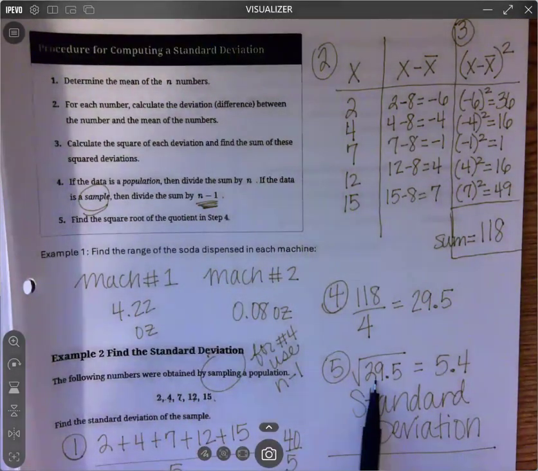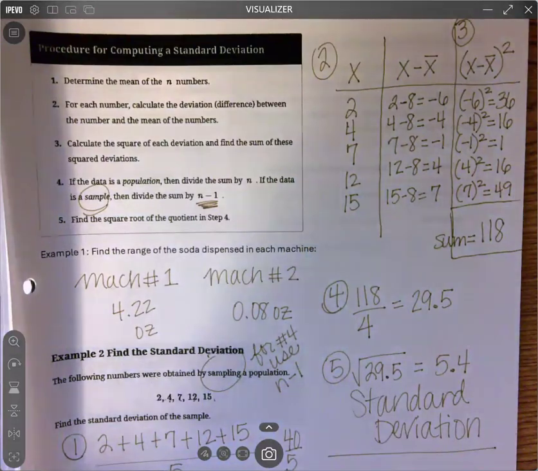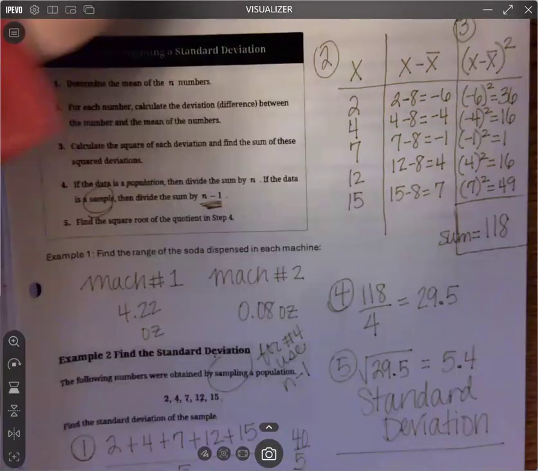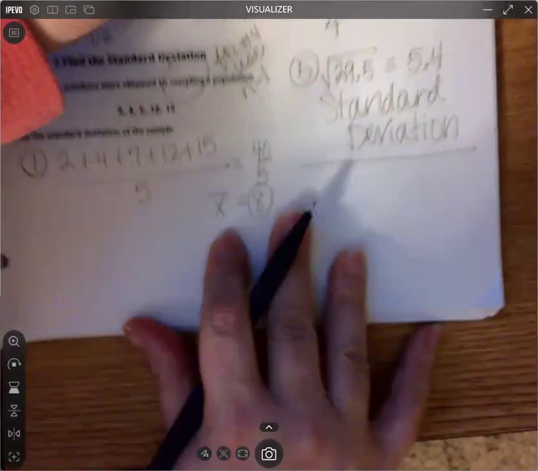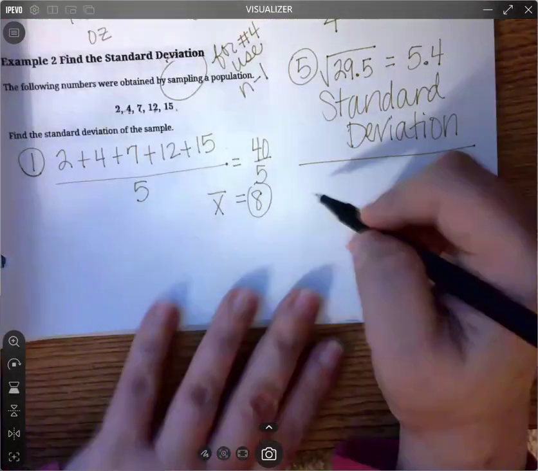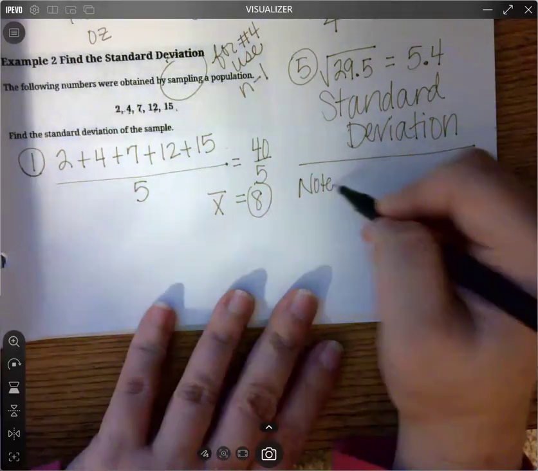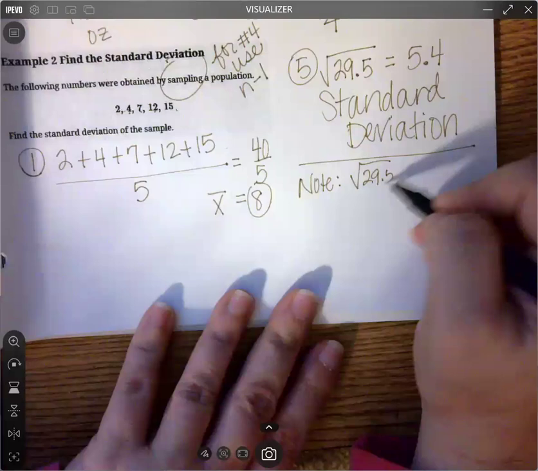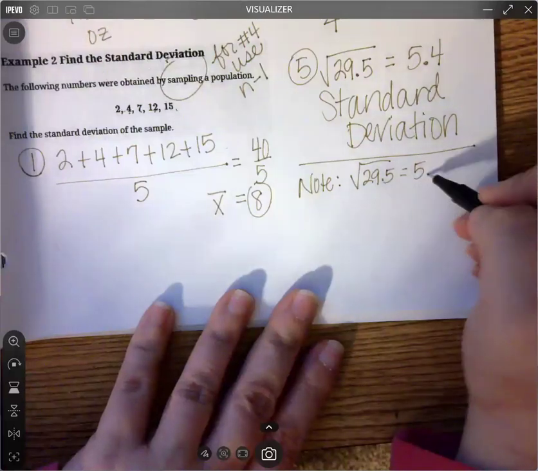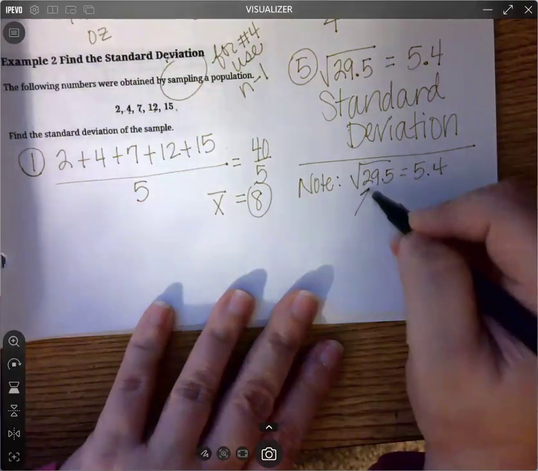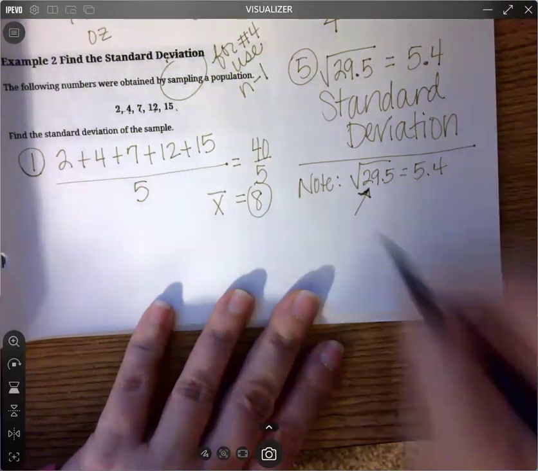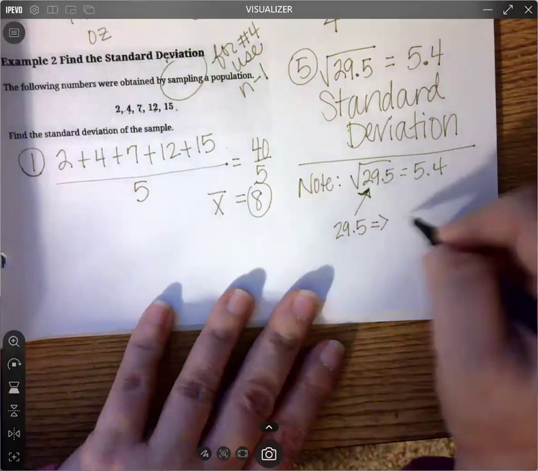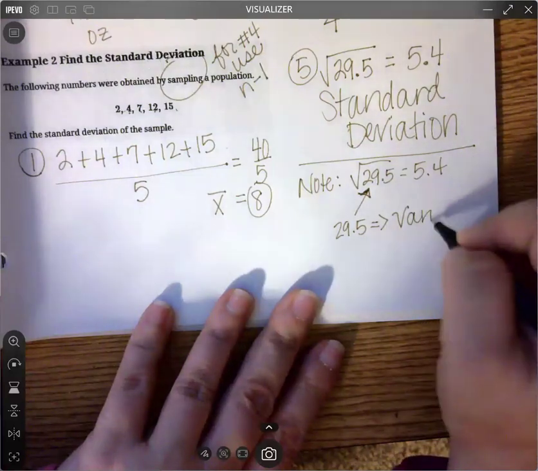Now, this number that we took the square root of, 29.5, also has a special name. Note, square root of 29.5 equals 5.4. This number, the 29.5, is called the variance.